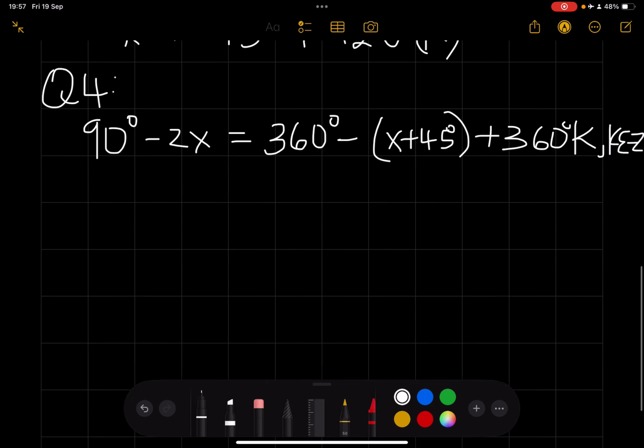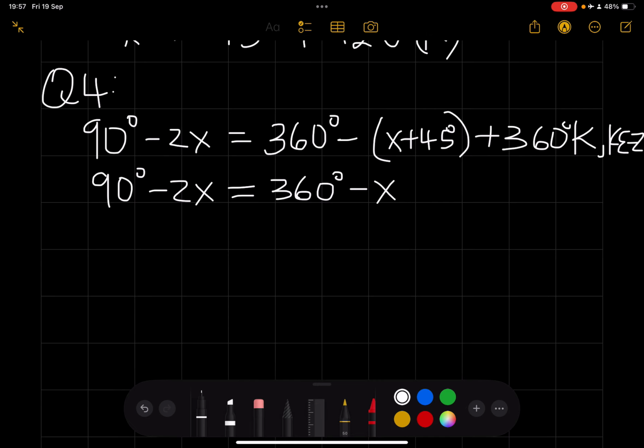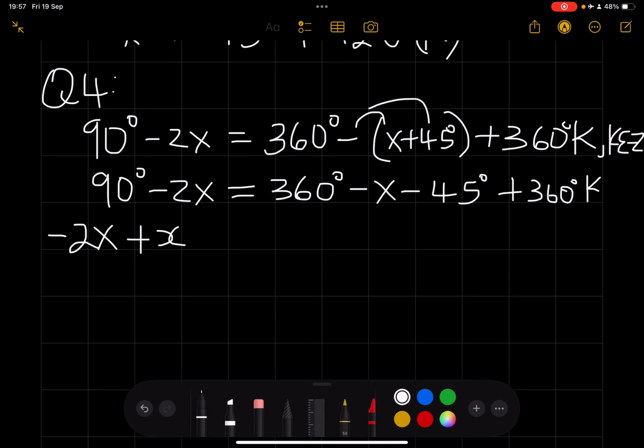Okay, let's go on. This side we're going to have 90 degrees minus 2x equals 360 degrees. We substitute, we FOIL the negative x, so negative x, negative 45, plus 360 degrees k. Okay, and then we're going to have minus 2x. We transpose the minus x to become plus.